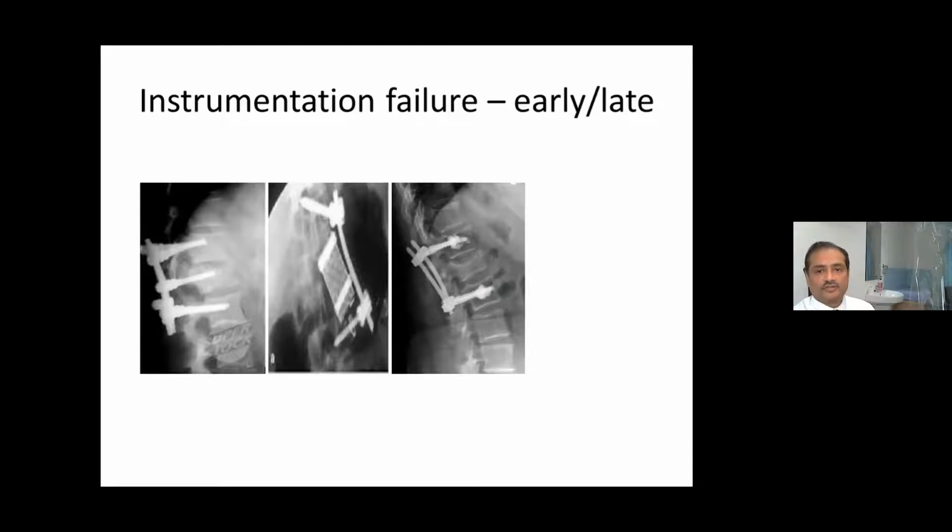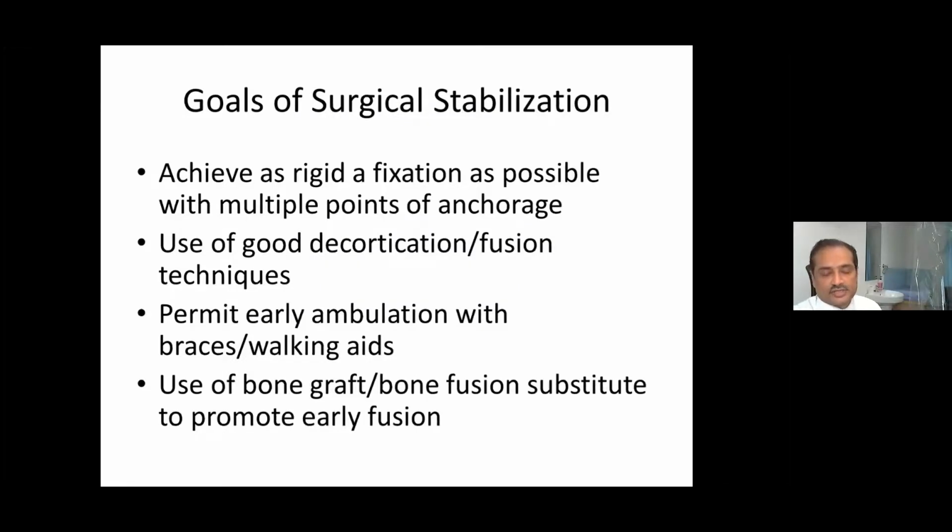Instrumentation failure can be early or late, so it can be very challenging. The goals in patients with osteoporotic fractures are a rigid fixation with as many points of anchorage as possible, a good fusion technique with decortication, and making them ambulant at the earliest.